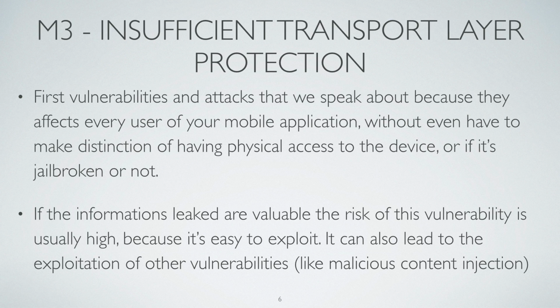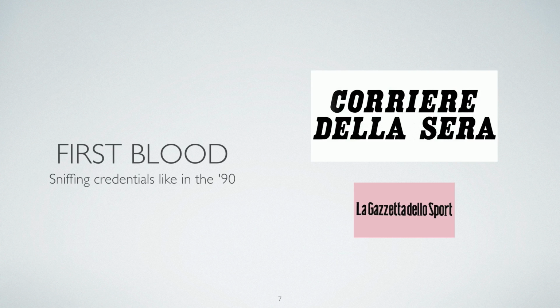And this vulnerability affects every user because it does not require a jailbroken device to be exploited. So the risk of this vulnerability is usually very high because often in network traffic, passwords and sensitive data are leaked, like we will see in the first example.